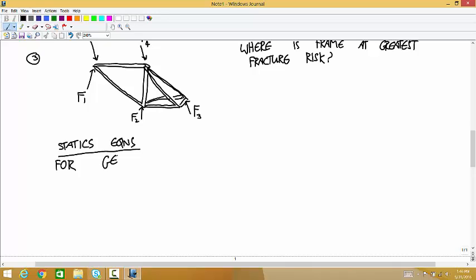For general rigid bodies, the equations of motion are Newton's second law and the rotational version of Newton's second law.